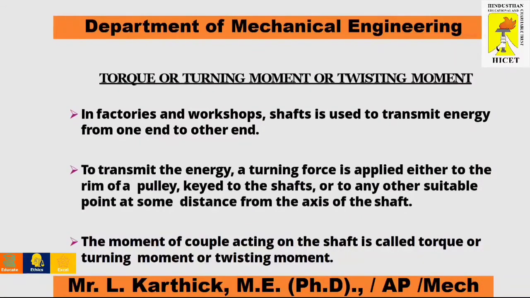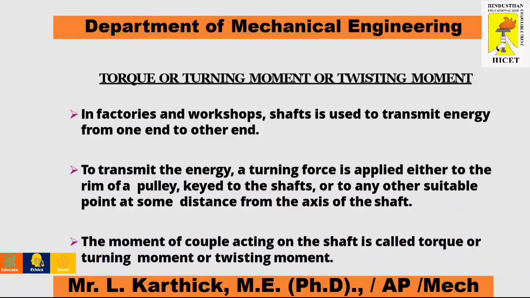In automobile industries or automotive components, take a lorry or heavy vehicle. You have a propeller shaft. It transmits power from the engine to the crown wheel and differential unit. So there is a possibility of twisting moment. There will be a possibility of twisting when we transfer the energy.